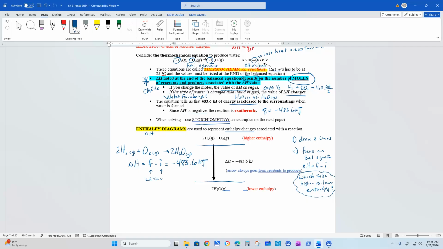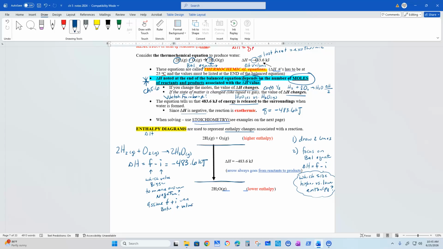Which value was bigger to make that answer negative? Well, we're making a big assumption. We're assuming that the final and initial were both positive values.